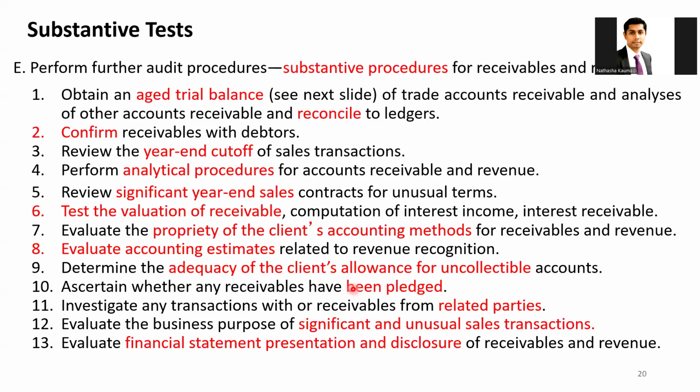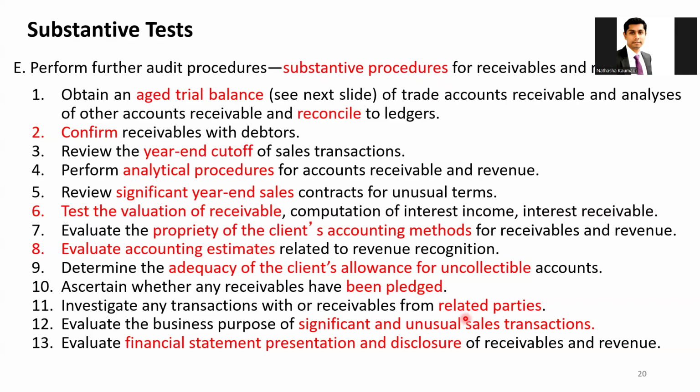And then investigate any transactions with the receivables from related parties. That is a very risky area, I would say, because when the companies are trying to give loans to subsidiaries and related parties, there's a high tendency that the interest rates, the agreements and the conditions are very favorable to those related parties.